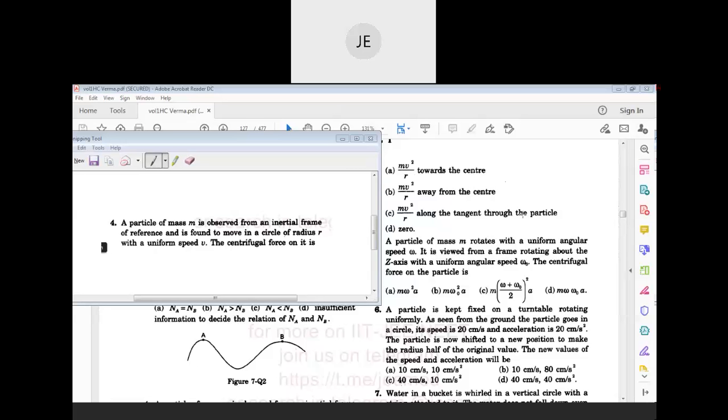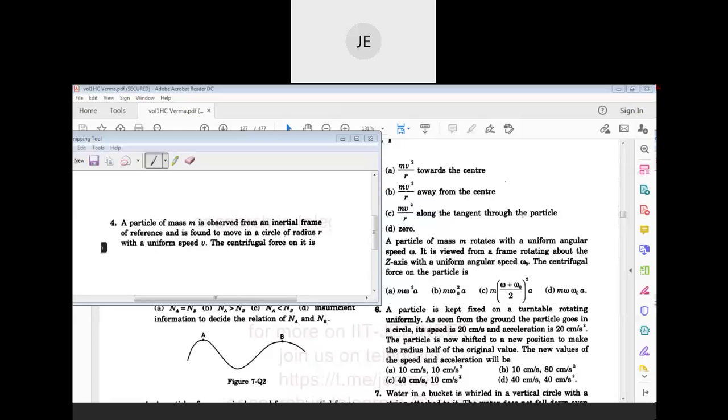So pseudo force will not be there with respect to the inertial frame. With respect to the inertial frame, pseudo force is 0. That means centrifugal force is 0. With respect to the non-inertial frame, if we talk about it, option B can be the answer.